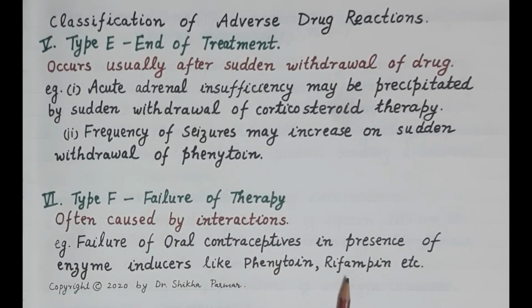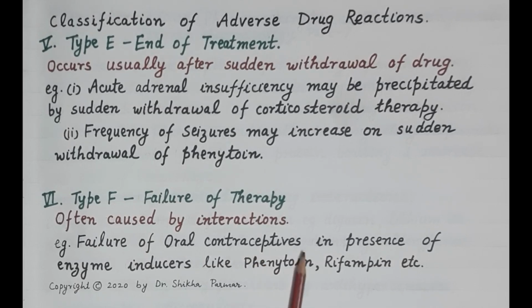And cytochrome P450 enzyme metabolizes oral contraceptives. So, failure of oral contraceptive therapy occurs in the presence of enzyme inducers like phenytoin and rifampin. So, this is in brief a complete overview of adverse drug reactions.